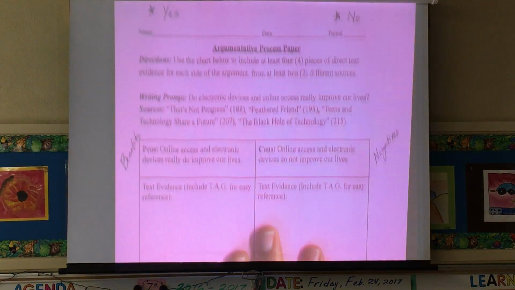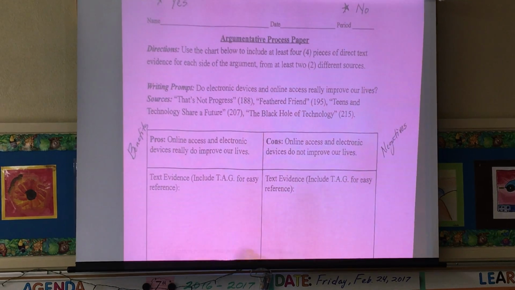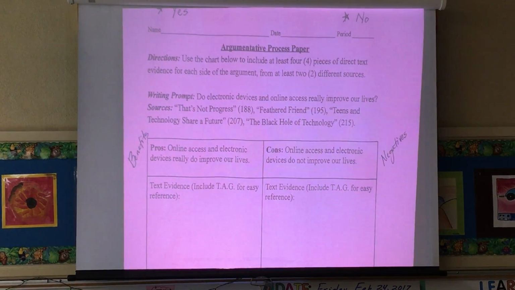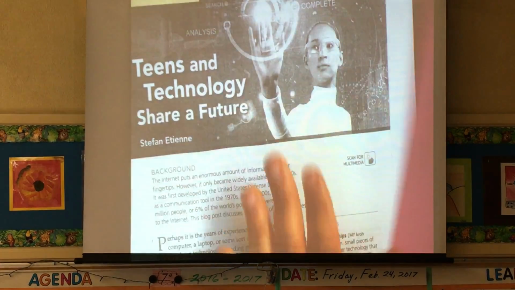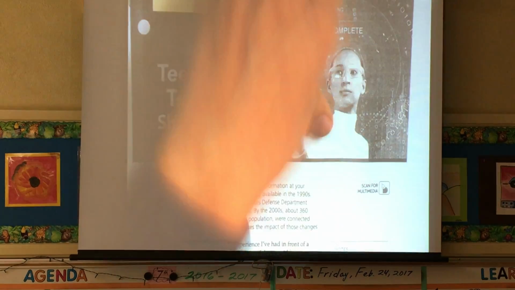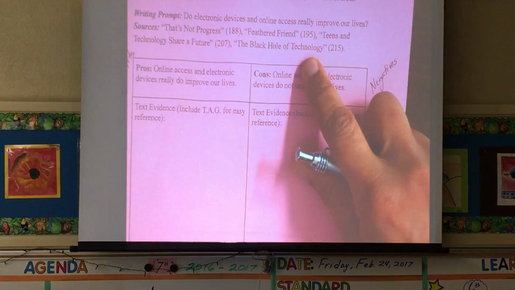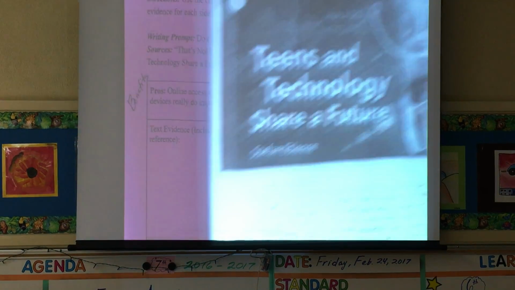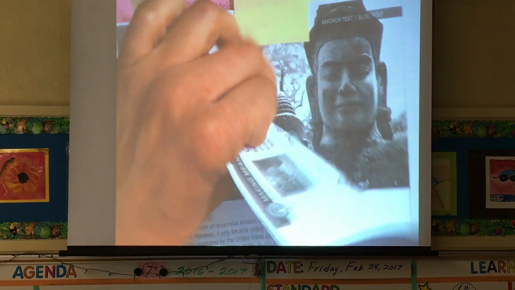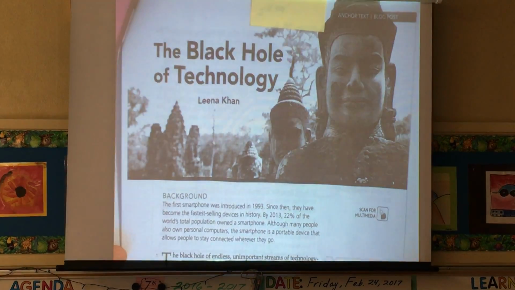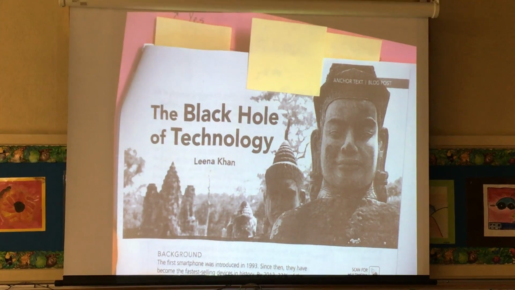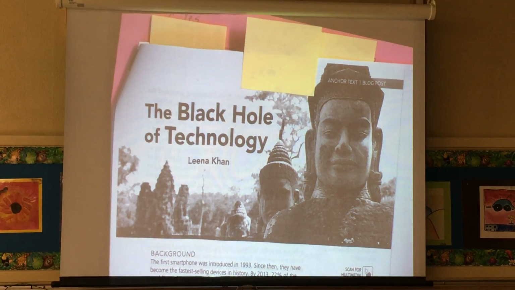And we also have teens and technology share a future. I will get my other packet of texts, and here is that one. And then the last one says the black hole of technology. So I have it tabbed, and here it is, because that's what we did yesterday. We tabbed the story so we can easily find our evidence.